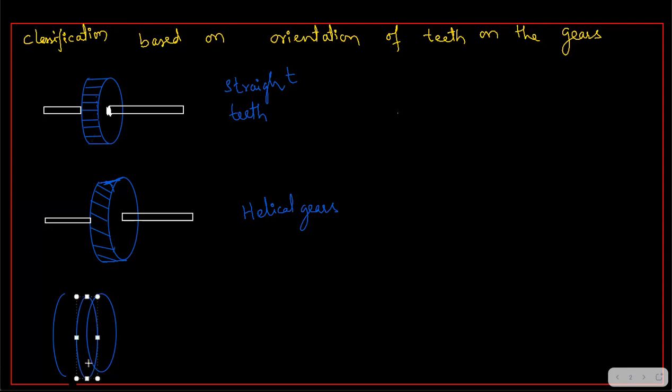Guys, this is the mid. Let's say that this is the middle of that gear and this gear. This drawing takes a little bit of time. Just have patience. We'll complete it very soon.